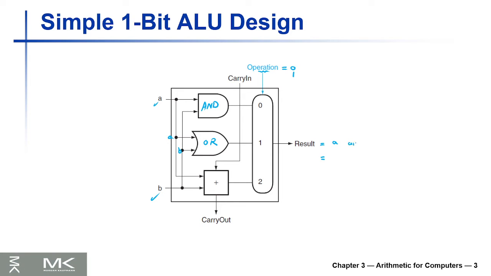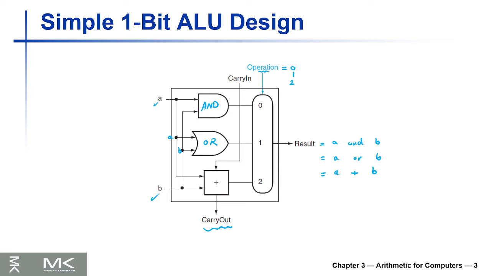So this is A and B, A or B, and finally if the operation or the selection is equal to 2, this will be A plus B. And there will be a carry also in that case when the operation is equal to 2.